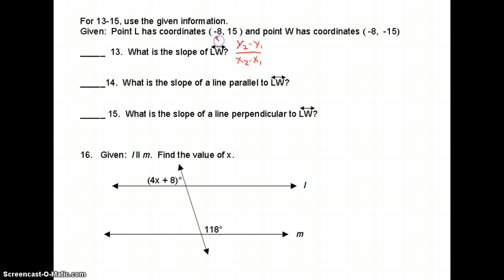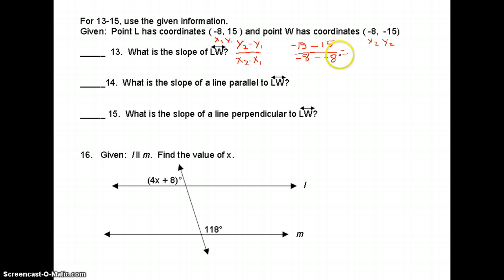So this one is our first set of points. This is going to be x1, y1. And this will be x2, y2. So y2 is negative 15, so here, negative 15. Subtract y1, which is 15, over x2, which is negative 8, minus negative 8.